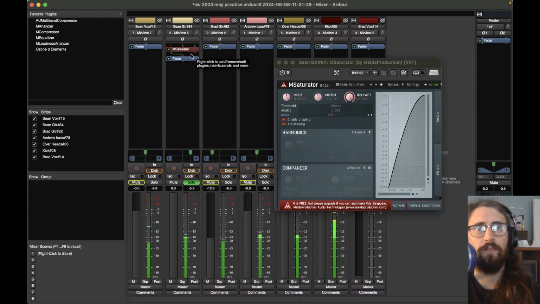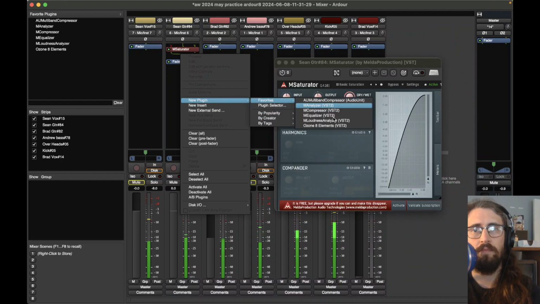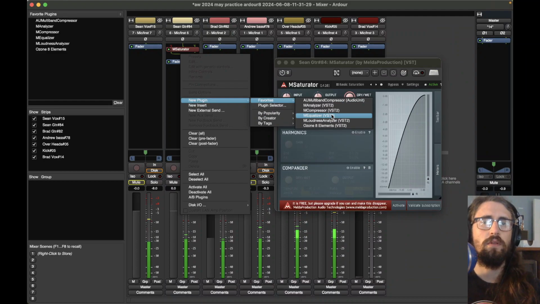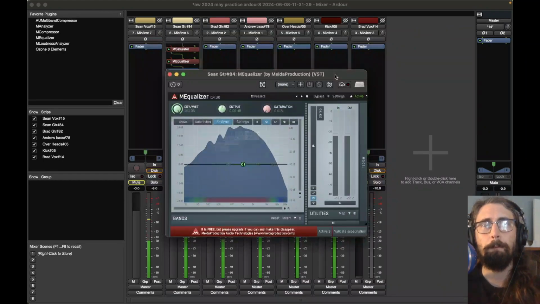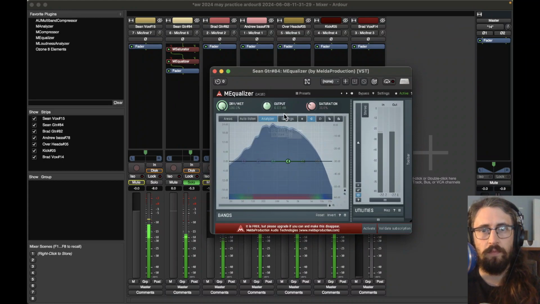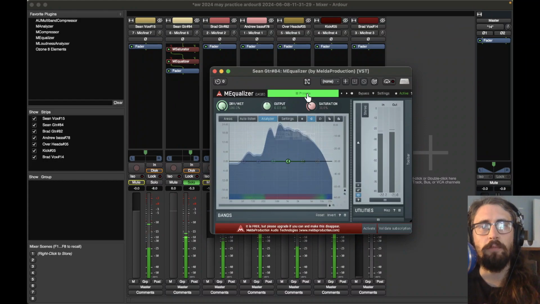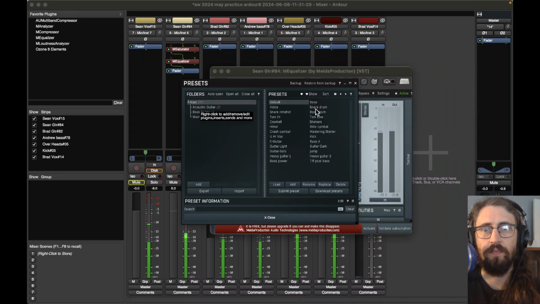Okay. Right click to add new plugin. Let's add an EQ. Even more saturation, why not? Okay, so I wonder if they have a preset for an amp. They have acoustic guitar. Heavy guitar.